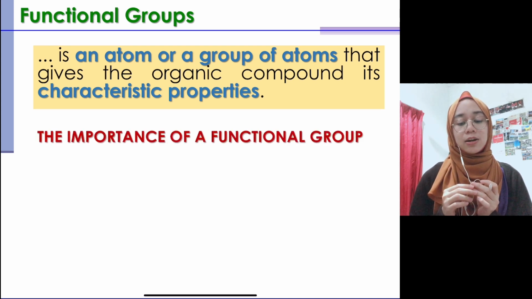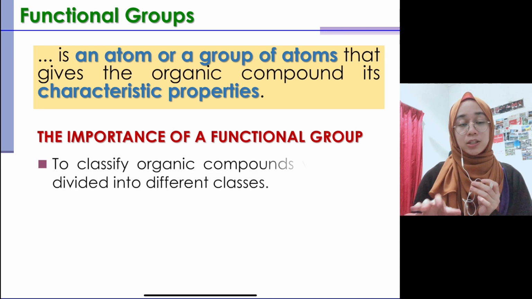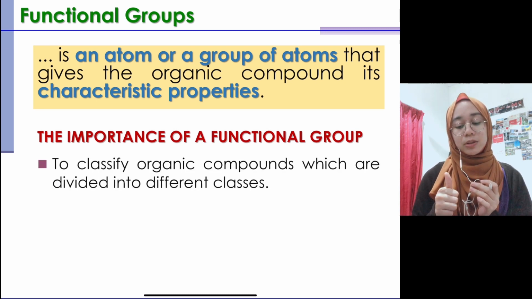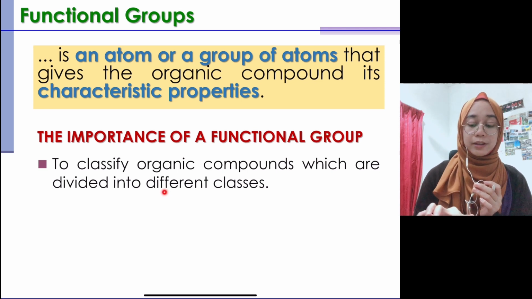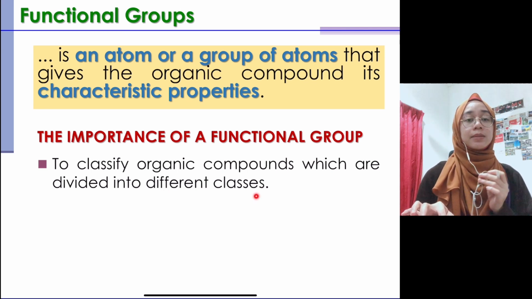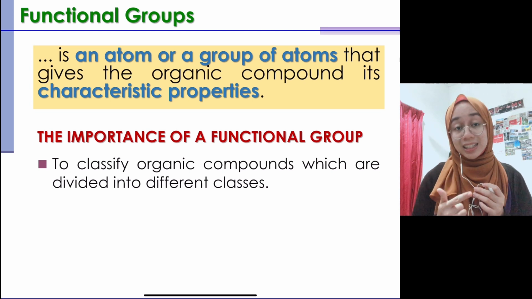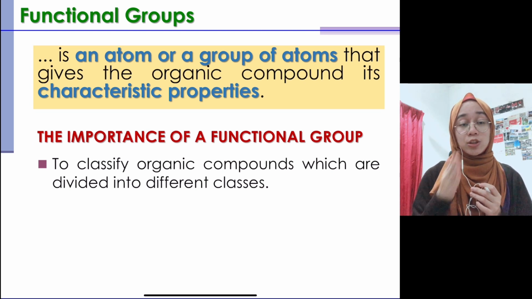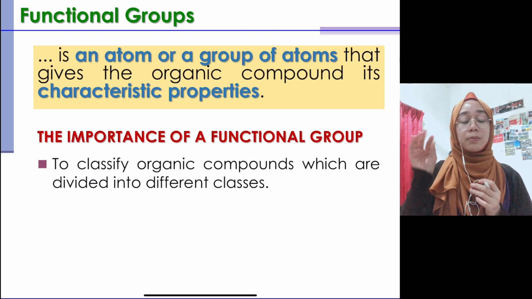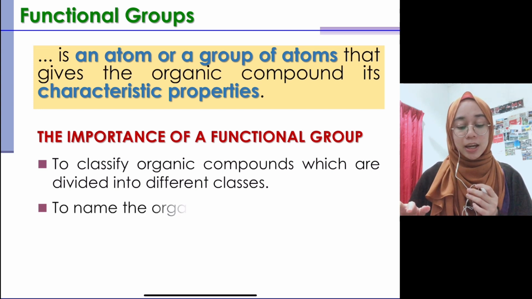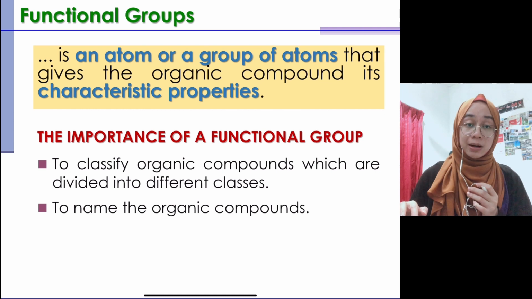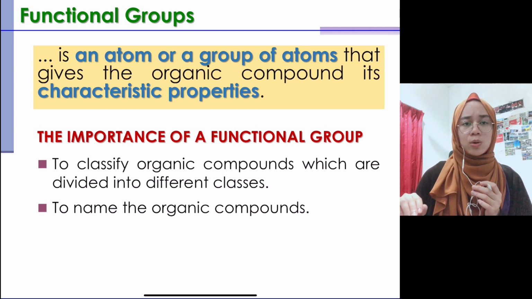So the importance of functional group. One is for us to be able to classify the organic compounds, which are divided into different classes. Because we have learned alkane, alkene and so on. So there are many different classes. Based on the functional group, we can classify all of these later. And then to name the organic compounds. Because when we want to give a name, do we name it based on alcohol?